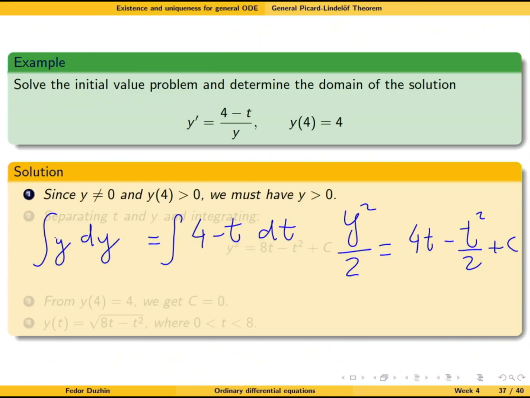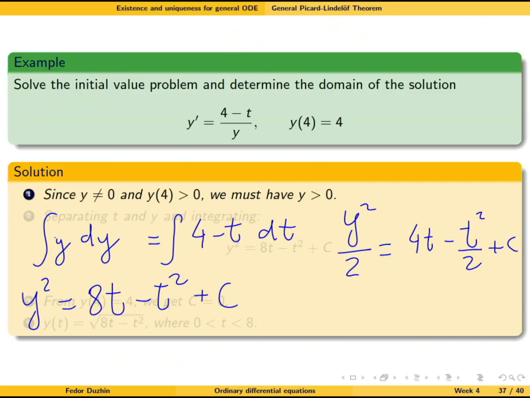Then we can multiply by 2. So y squared equals 8t minus t squared plus a constant. Well, if c is any number, then 2c is also any number, so I can just change the constant here.